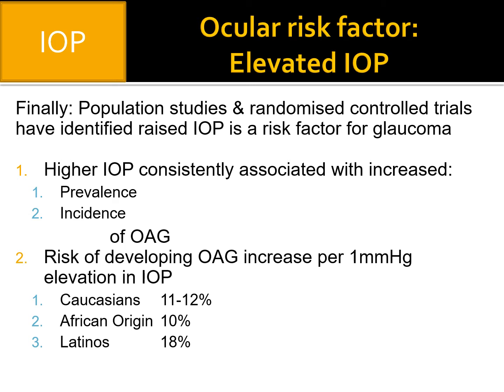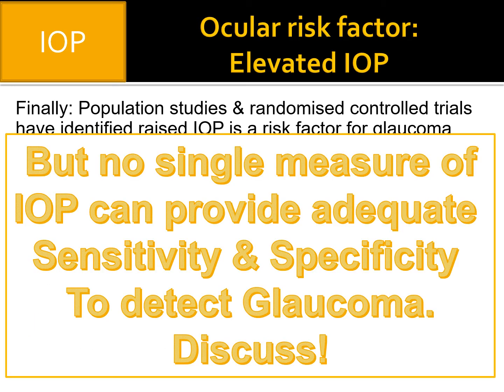So in Caucasians it is a 10 to 12% increase. So we can quantify these things now. We can put down these stats about the risk factor of IOP. But no, on an individual basis, no single measure of IOP can provide adequate sensitivity and specificity to detect glaucoma.